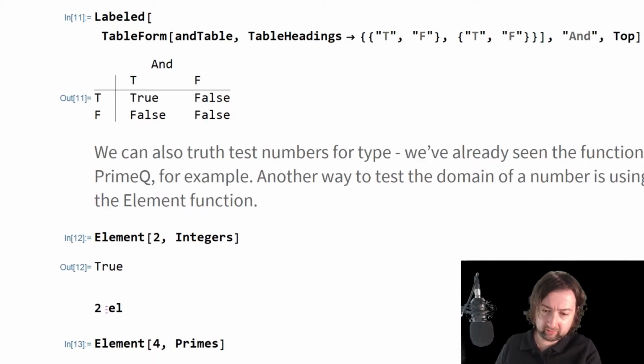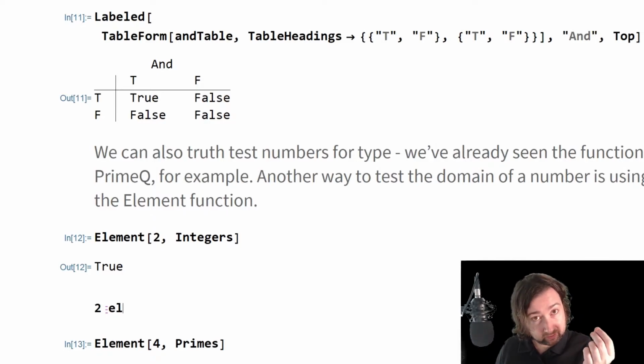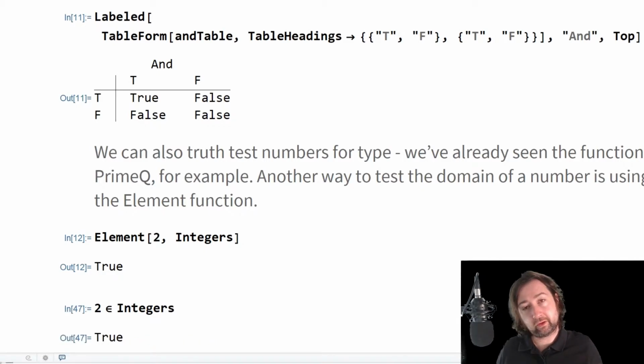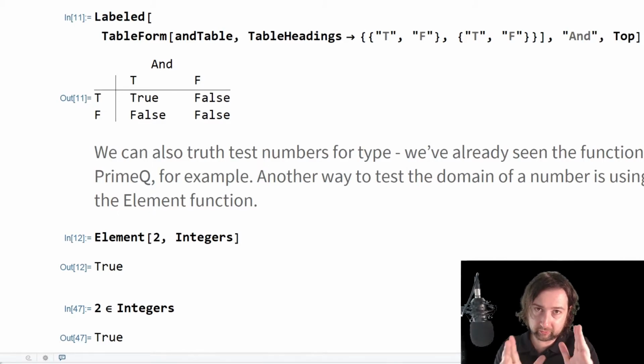You can see here that both elem and EL produce the element symbol, and that means that you're introducing the command between 2 and Integers. So to produce that element shorthand, you type escape EL escape. Hitting escape the first time enters you into the symbol language, the escape code language, and hitting escape the second time drops you back out of it.